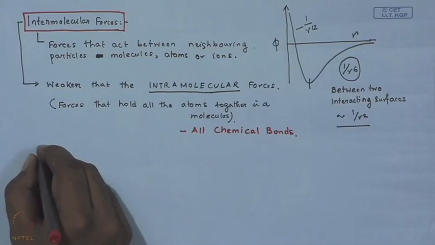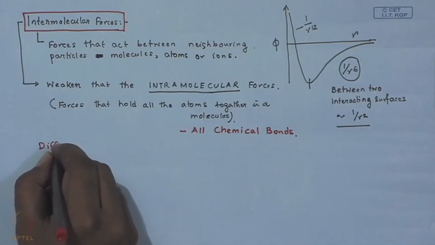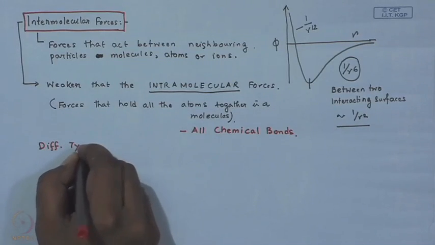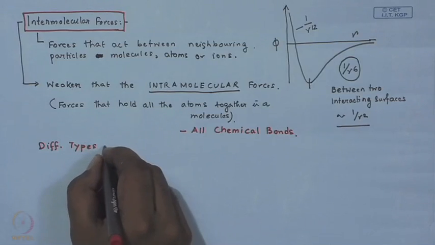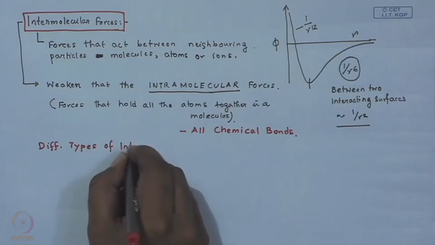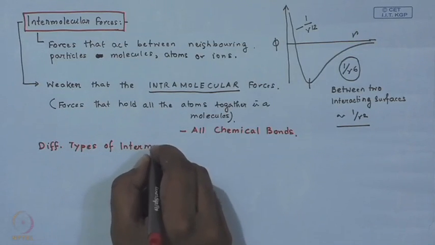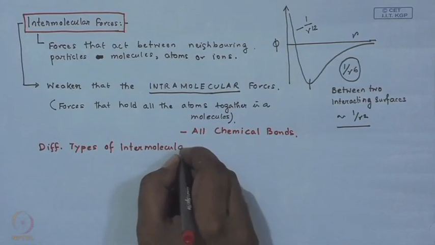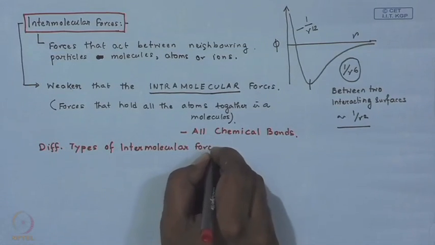The different types of intermolecular forces, we have already talked about some of them, primarily the van der Waals forces, but we will talk about them in a little bit more detail.